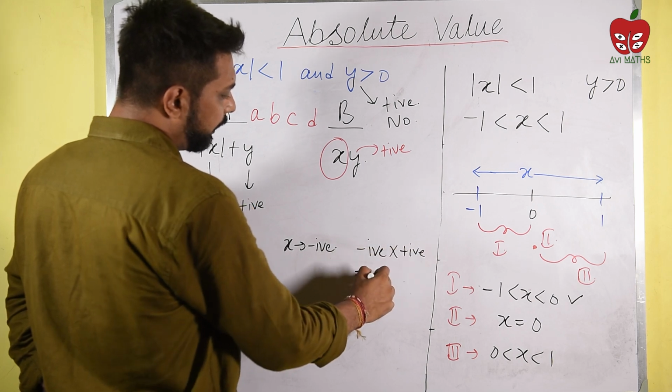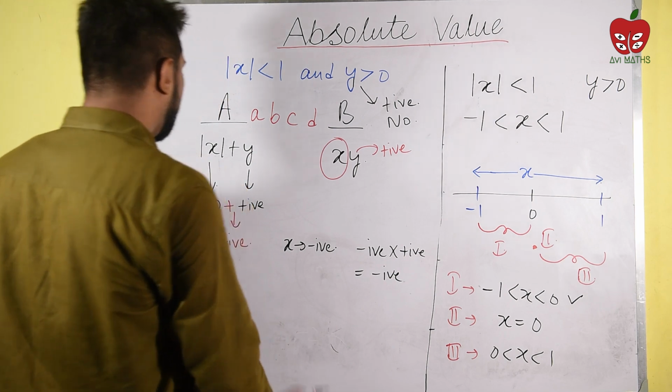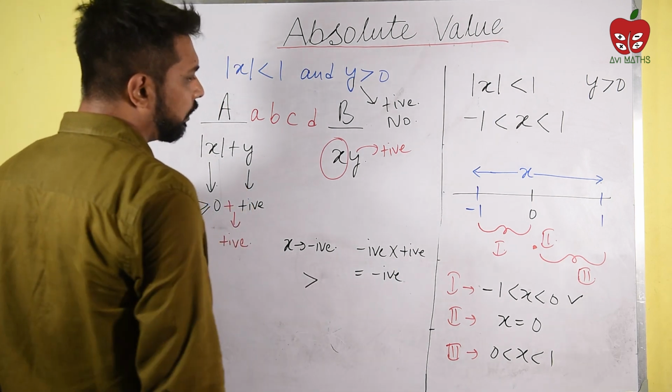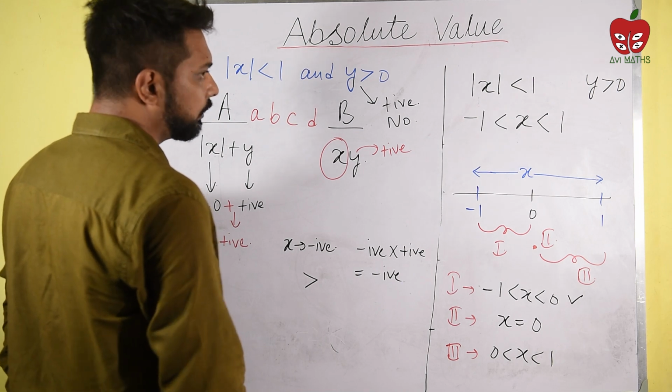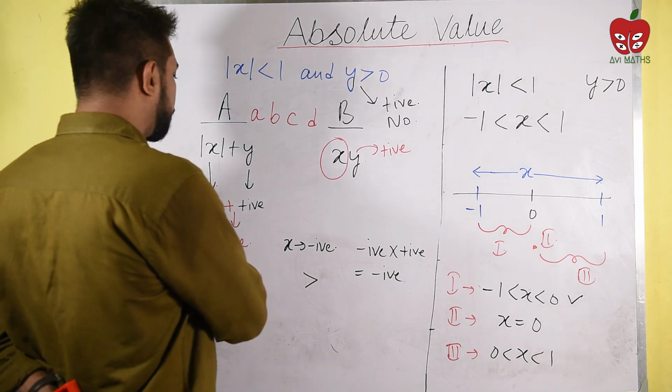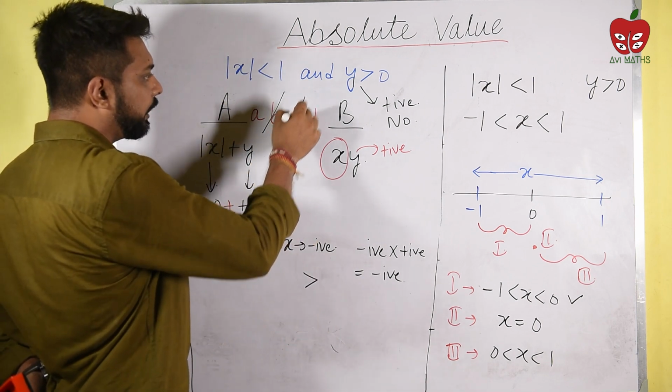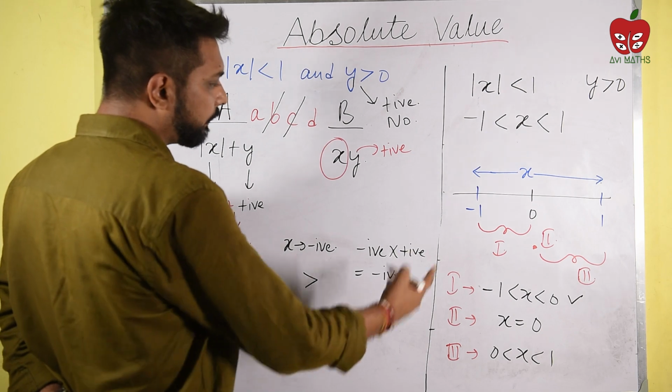So the output will definitely be negative. And we know that the left hand side is always a positive number. So the left hand side is always greater than the right hand side. So as quantity A is greater than quantity B, you can eliminate option B and option C quickly.